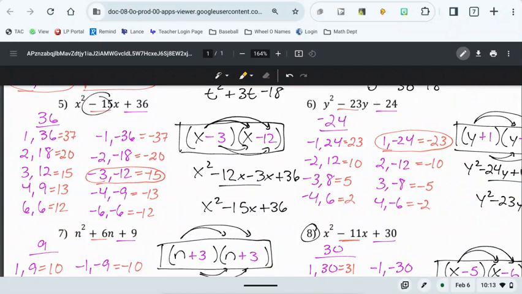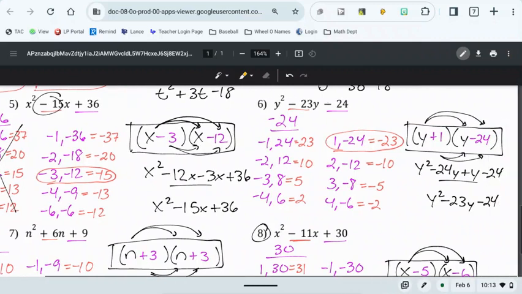So it's impossible for positive numbers to add up to a negative. So we can ignore those factors and then focus on the negative factors. And negative 3 and negative 12 add up to negative 15. Again, that's just a tip and trick. If you are feeling like this has been a difficult lesson for you, I highly recommend to still write out all of the possible factors.